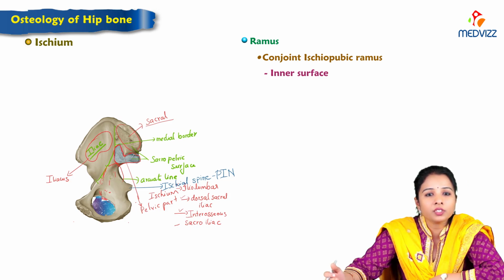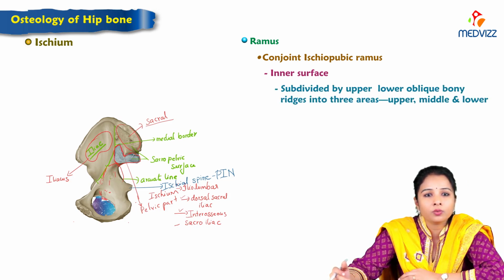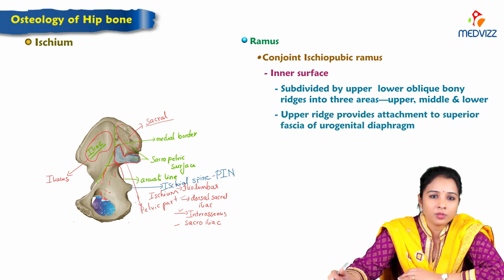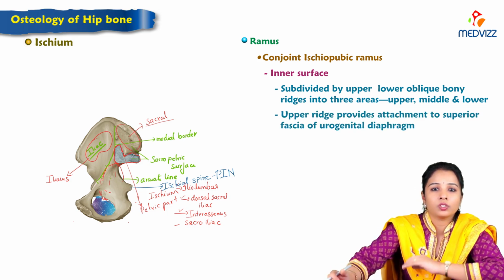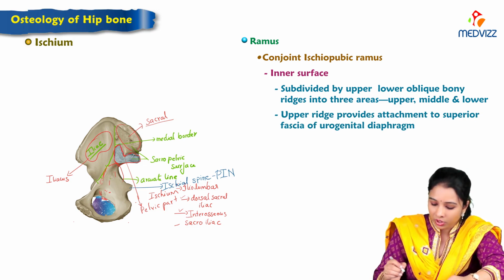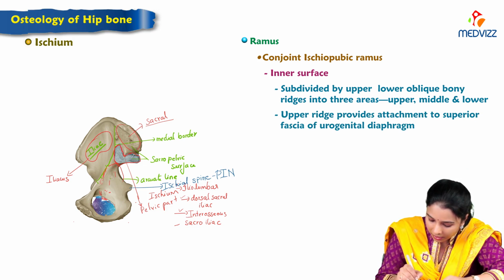So the inner surface, you can divide it again into upper, middle and lower parts. The upper ridge provides attachment to the superior fascia of the urogenital diaphragm.